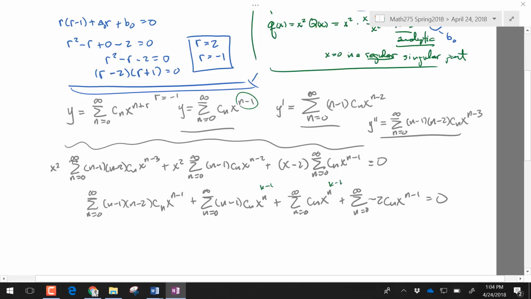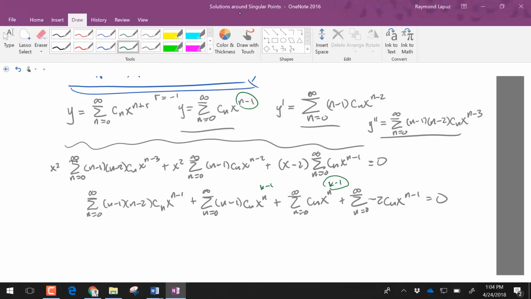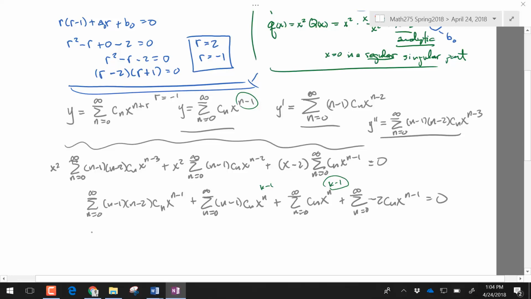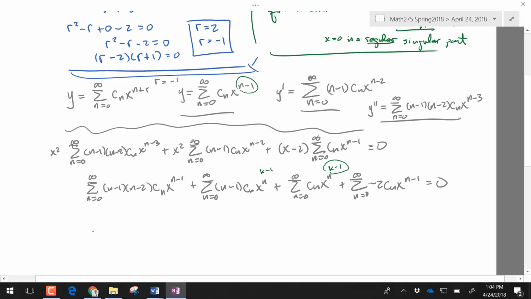So let's change it to k minus 1. So we're going to subtract 1 within here, which means we're going to add 1 to the subscript. All right, let's see if we can manage that. We'll keep everything else the same, and we'll combine everything together when everything's together.